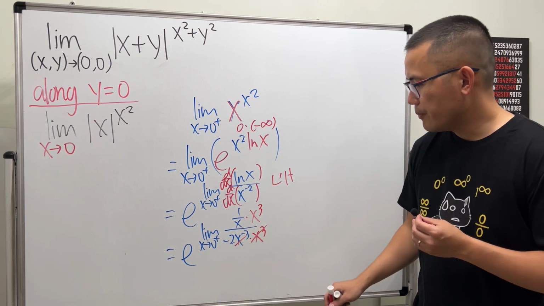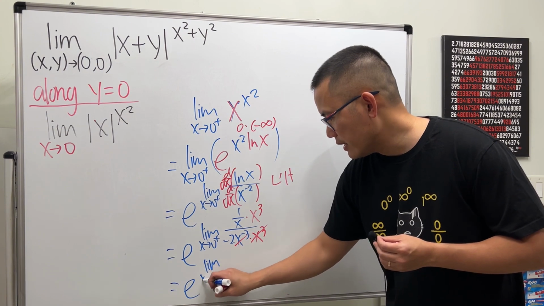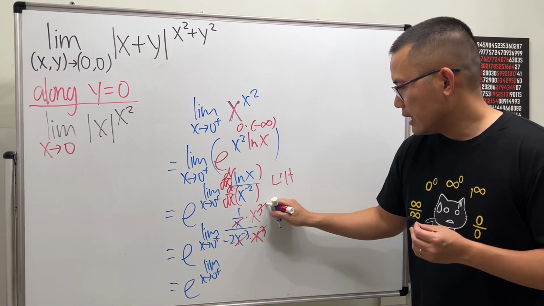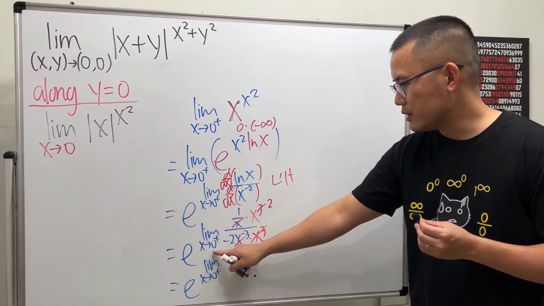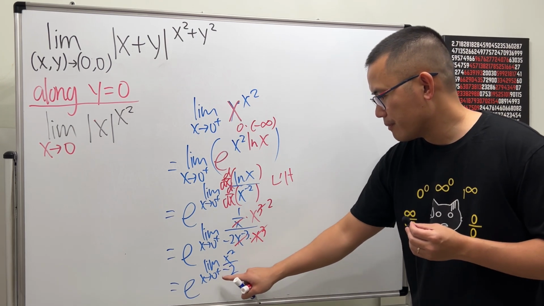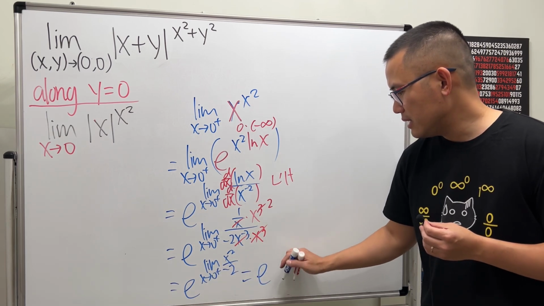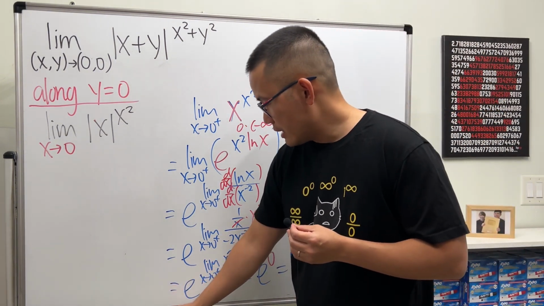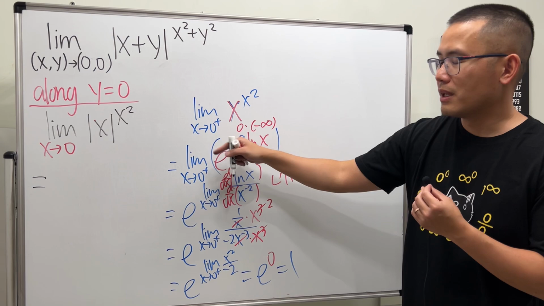This and that cancel, and we see that's e to the limit of x approaching 0 plus of x squared over negative 2. But 0 plus here is just 0, so this limit is just 0. But e to the 0 is just equal to 1. Alright? So in fact, when we have x approaching 0 plus, we get 1.